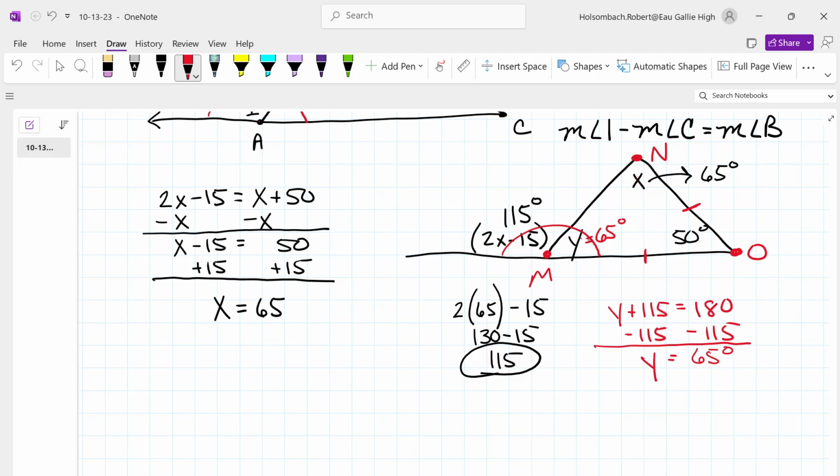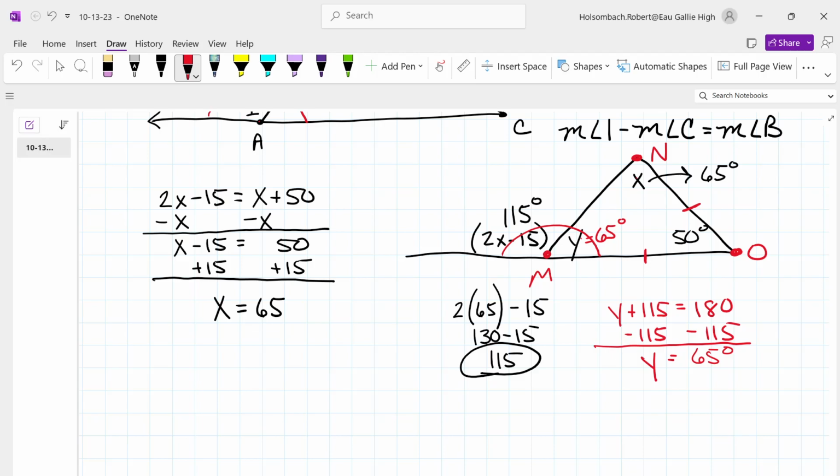If the angles are the same, then the sides opposite the angles are the same. So now we got a triangle with two congruent sides. And what do we call a triangle with two congruent sides? Classified. Very good. It's an isosceles triangle. So we've got an isosceles triangle with all acute angles, so we've got an acute isosceles triangle there.